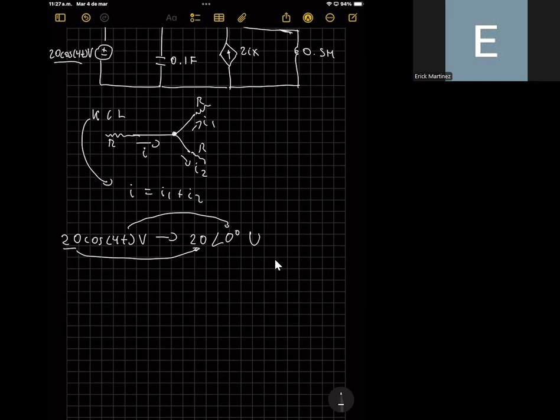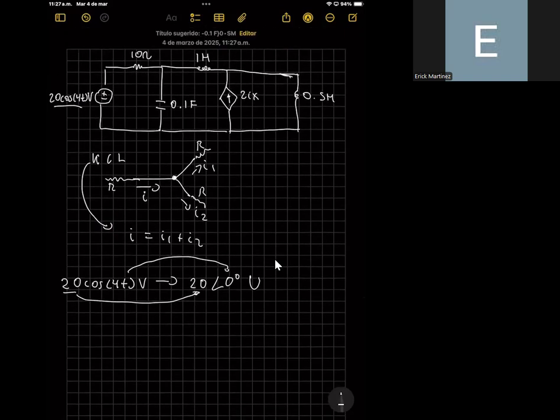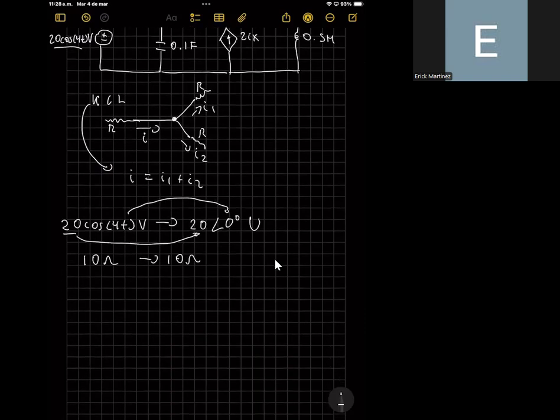What else? We also need to convert the resistor, the capacitor and the inductors into their impedance equivalent. For example, here we have 10 ohms, and the impedance of a resistor is equal to the same resistance. We also have a capacitor of 0.1 farads, and we can convert that into its impedance equivalent as 1 over J times omega times C. What is omega?